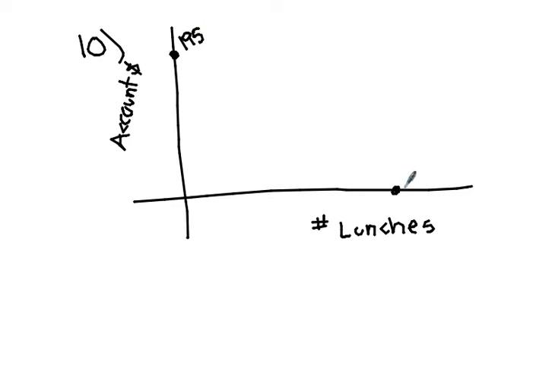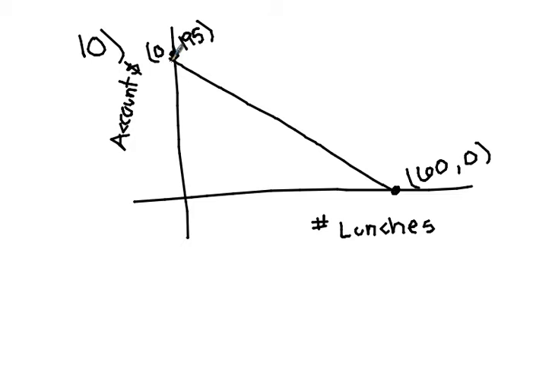X-intercept was 60 lunches. Okay, so either I've bought 0 lunches, and I have $195, or I've bought 60 lunches and I have $0. Okay, and so then I have 2 points as far apart as we can possibly go. Use your straight edge, connect your dots, there's your graph.